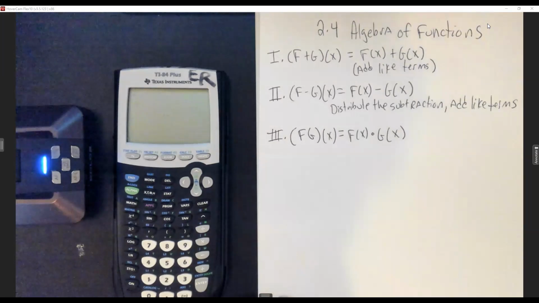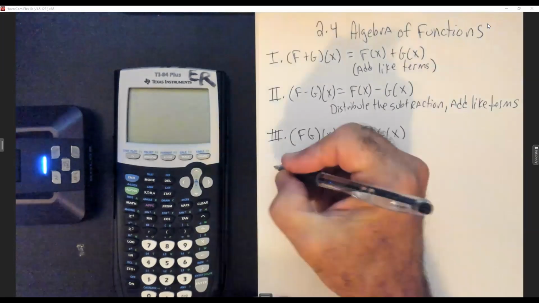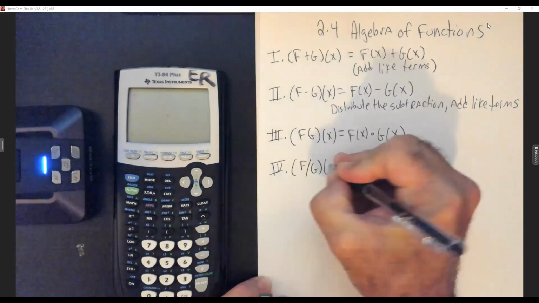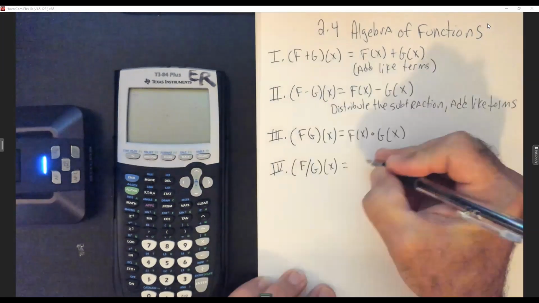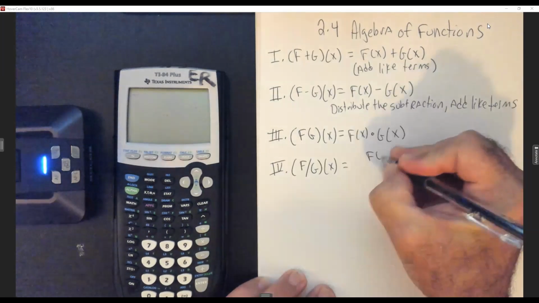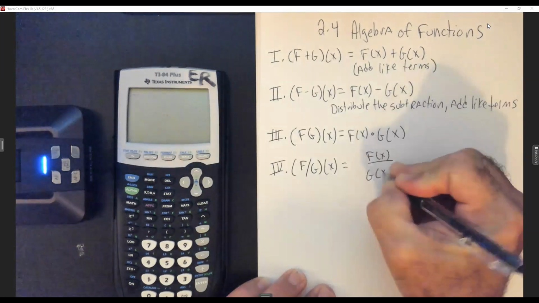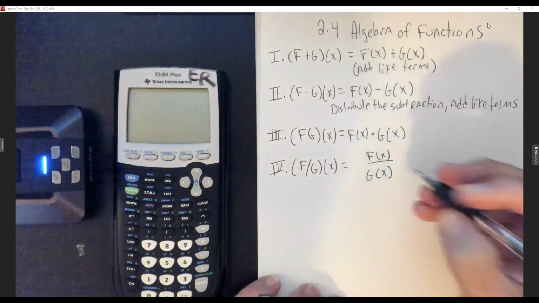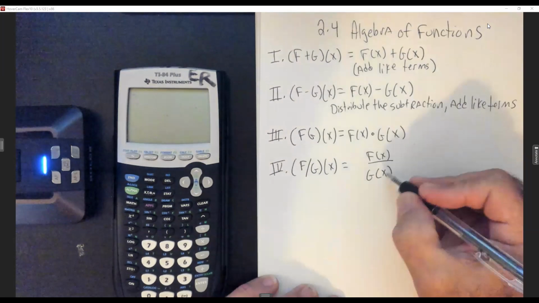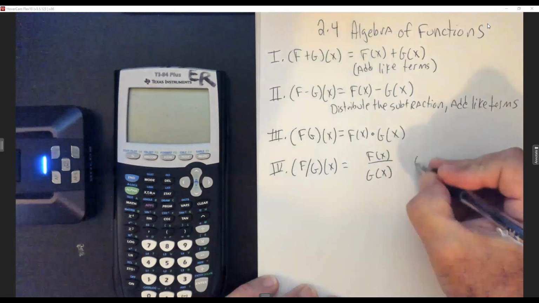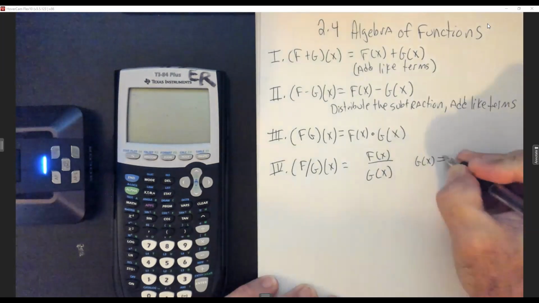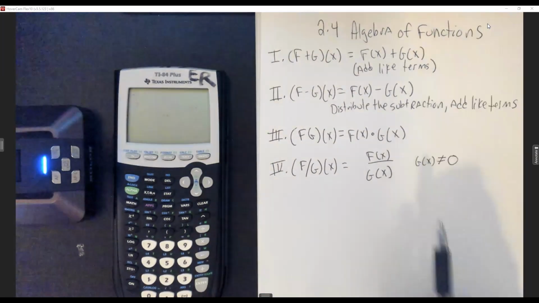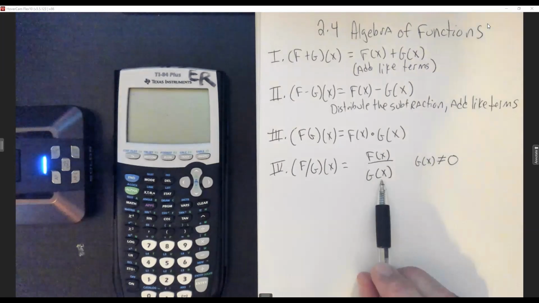And then the last one we'll look at is f divided by g of x, which will equal my f of x divided by g of x. The one thing you got to watch out for on division: remember that the g of x on the bottom cannot ever equal 0, because if g of x equals 0, that's going to make it undefined. Okay?